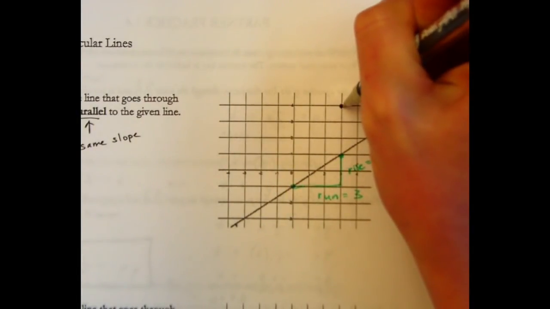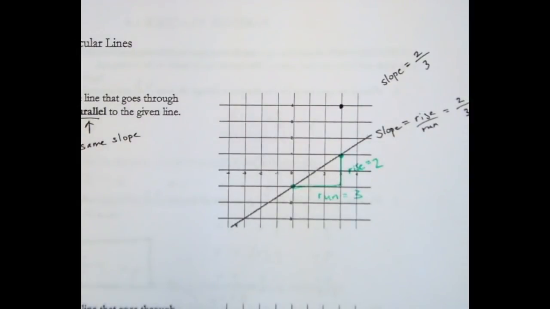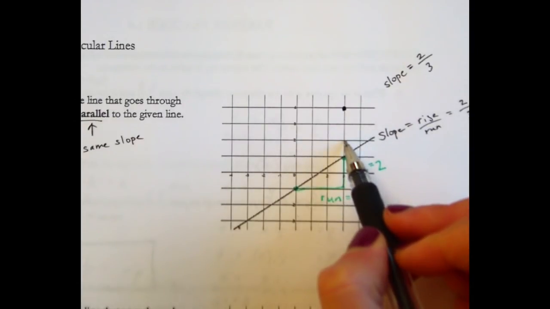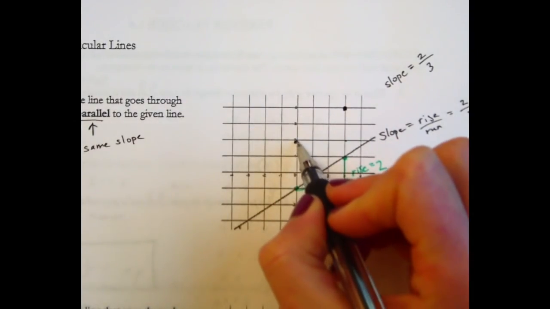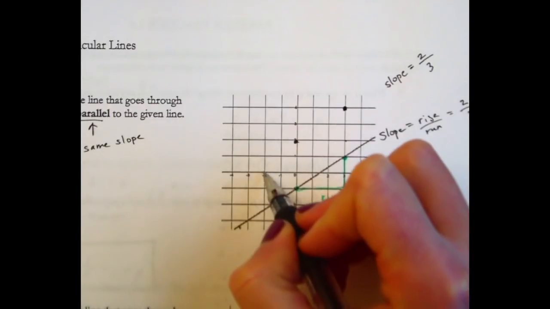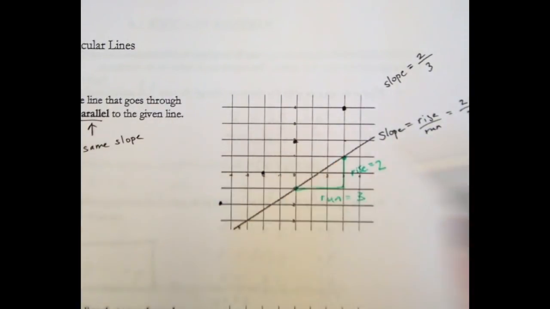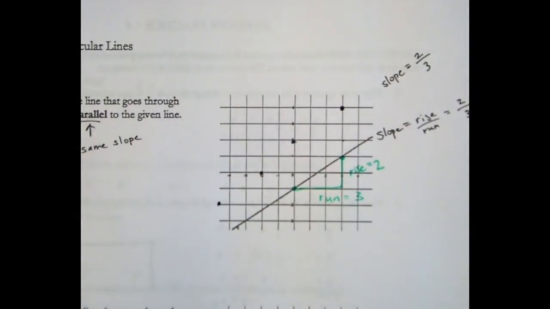Okay, so I'm going to go rise 2, run 3, rise 2, run 3, rise 2, run 3. I'm going to end up with these points. Go ahead and connect those points to get my parallel line.